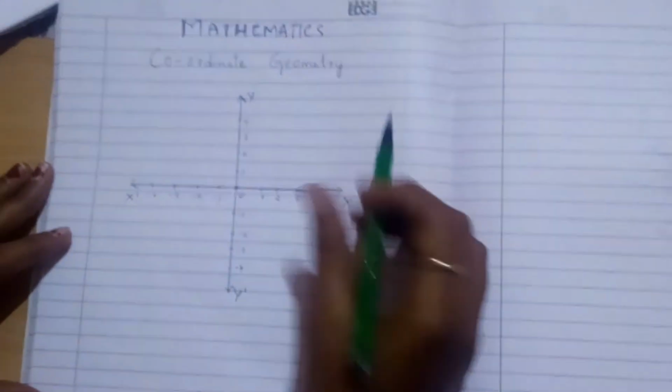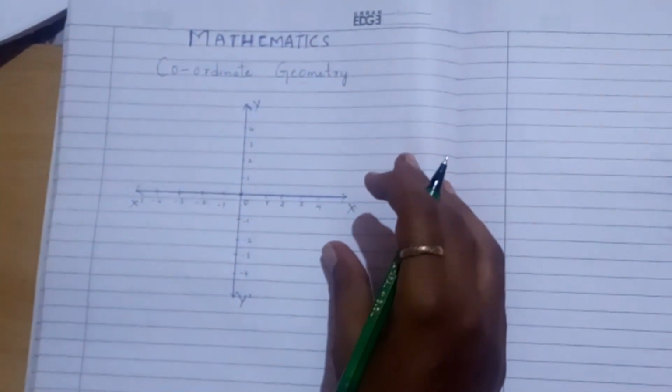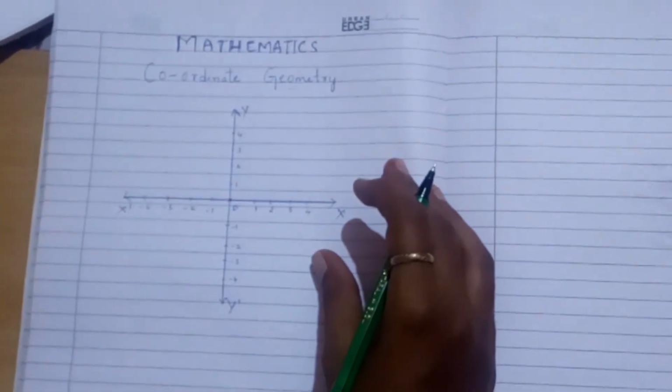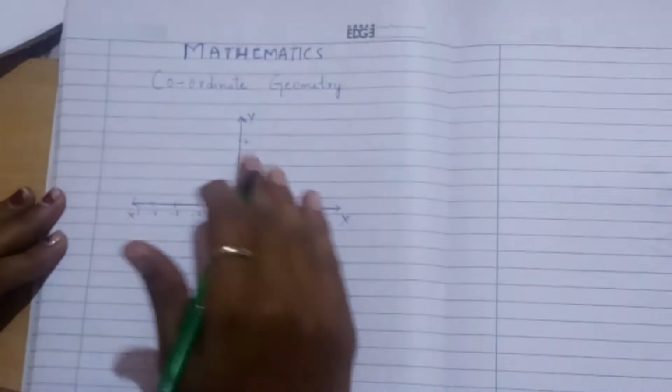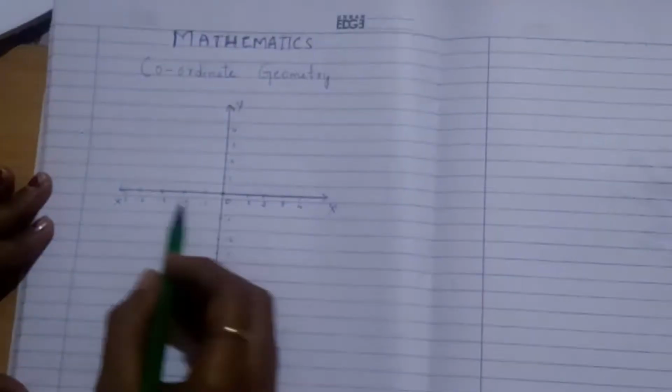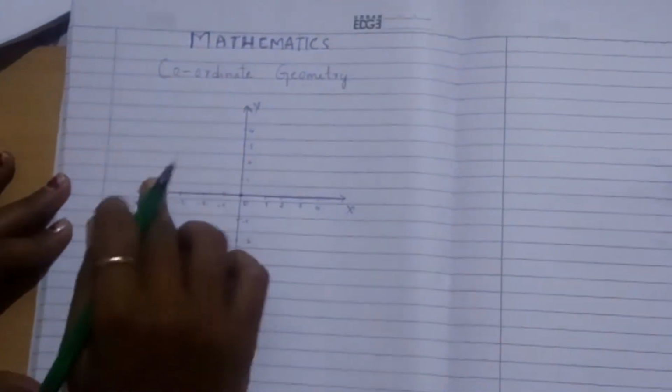Coordinate geometry. Firstly, I need to explain some of the basic concepts that you studied in previous classes, that is, in 9th standard. Consider a coordinate plane with an x-axis and a y-axis, and this can be divided into 4 quadrants.